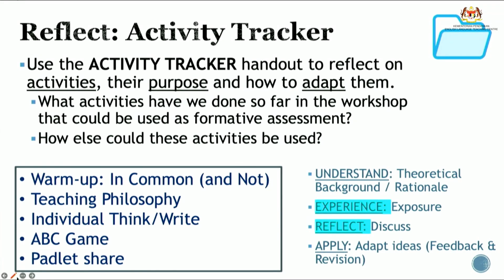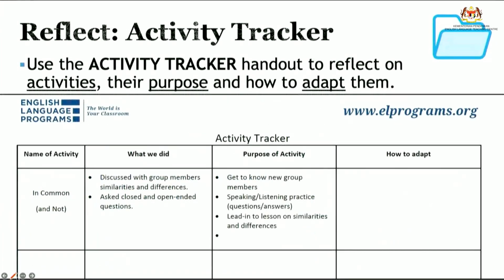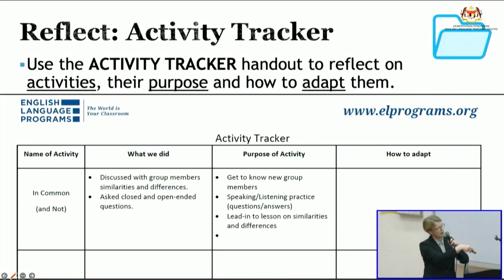So that's the purpose of having this form. In the form, it has a space for the name of the activity, what was done, what the purpose of the activity was, and then how you could adapt it for your class.